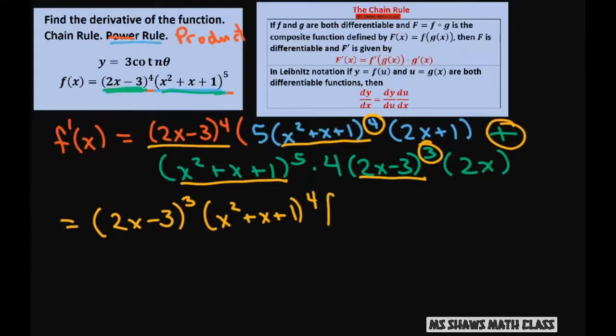When you pull that out, the rest is going to be, we still have 1 of these left, so 2x minus 3, and we have a 5, and we have our 2x plus 1. Right?